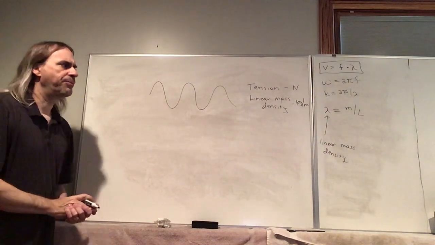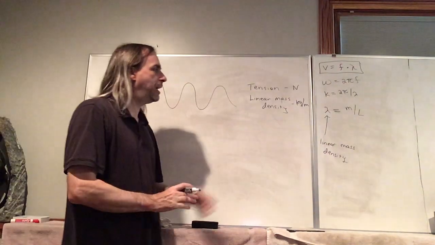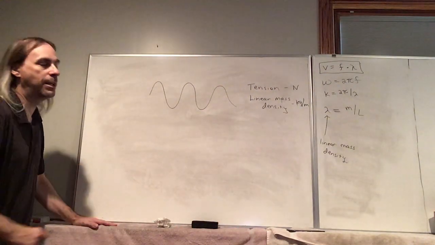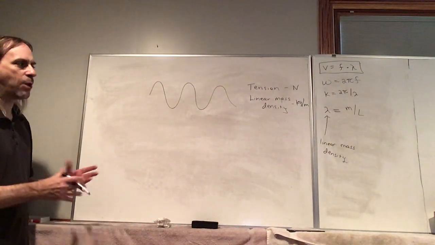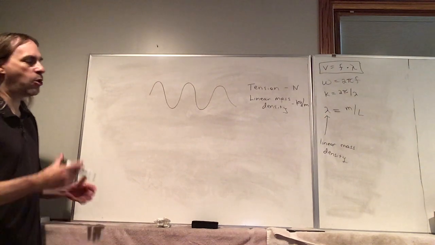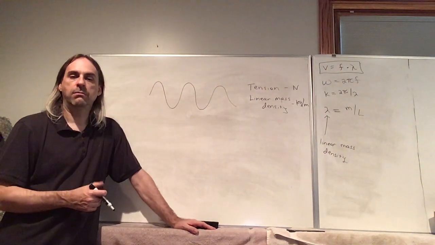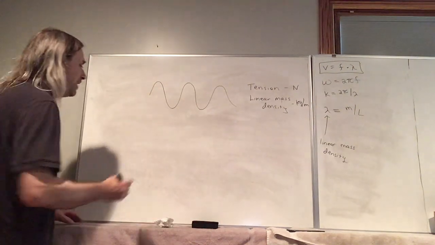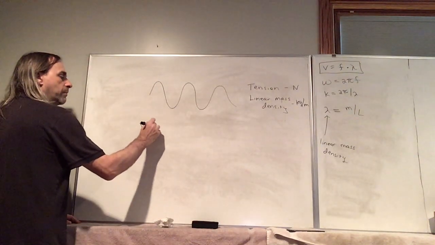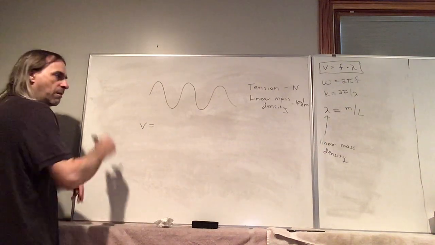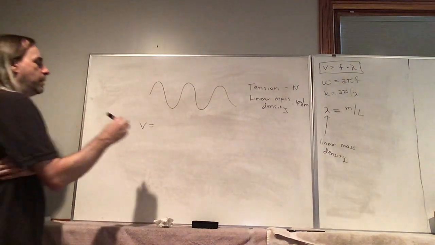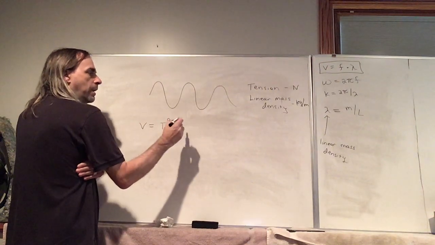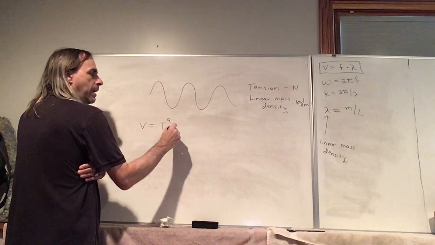And what we're going to do is say, just knowing that these are the two factors that determine the speed of the wave, how can we arrange them so that we get the right units? Because we have to get the right units. So let's say that the speed of the wave is going to be tension to some power, we'll call it A, times the mass density.